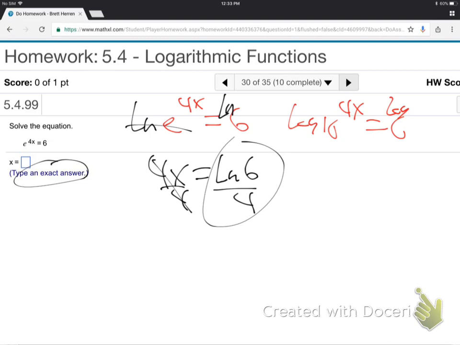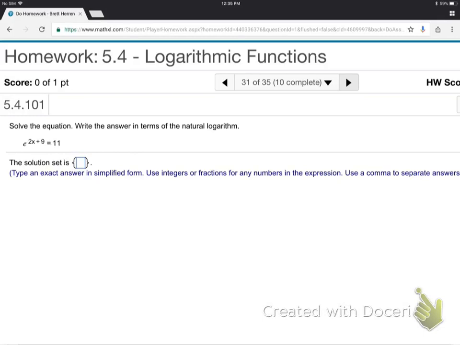Okay, I'm going to keep going. So e to the 2x plus 9 is 11. I know you know what to do. Get rid of that e, right? Get rid of that e.